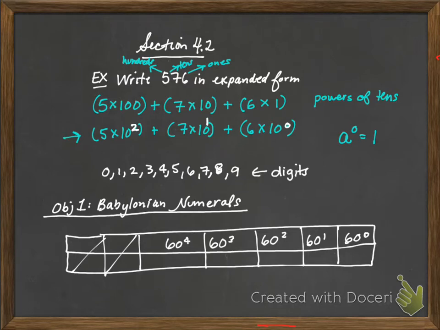Okay, so let's go on to objective number 2, which is Babylonian numerals. It is the oldest known place value system, and it was created by the Babylonians in 2500 BC. Their base system was base 60. I know that sounds weird to us, but if you think about it, a lot of things are in base 60, such as time: 1 hour equals 60 minutes, 1 minute equals 60 seconds, and so on and so forth.